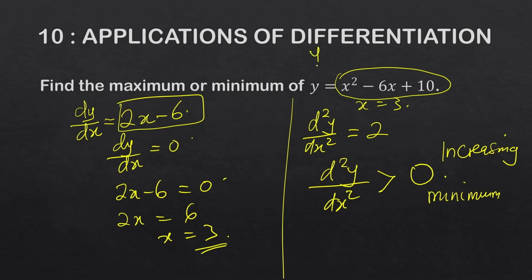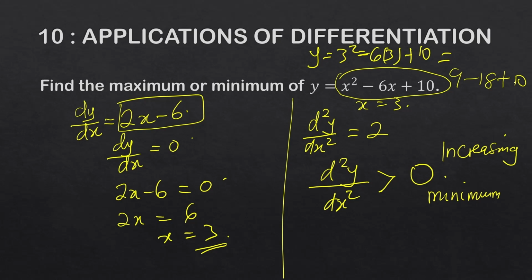Let me say y is going to be equal to 3 squared minus 6 multiplied by 3 plus 10. And this is going to be 9. No, that's 9 minus 18 plus 10.